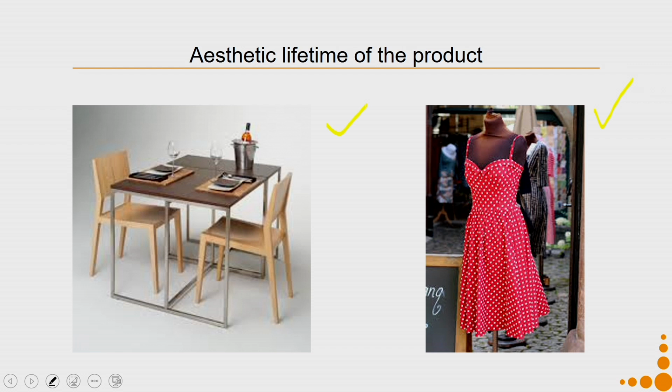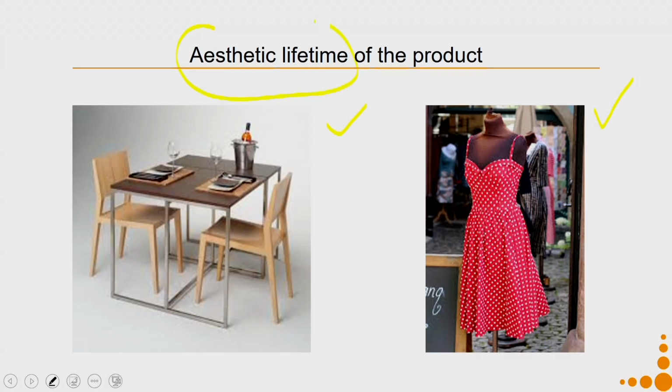So, you might think of changing your dining set only when you are changing the decor of your house, which is not something people keep on changing very often. Whereas clothes, they keep on getting discarded as and when the fashion changes. So, that is what is implied by the aesthetic lifetime of a product.